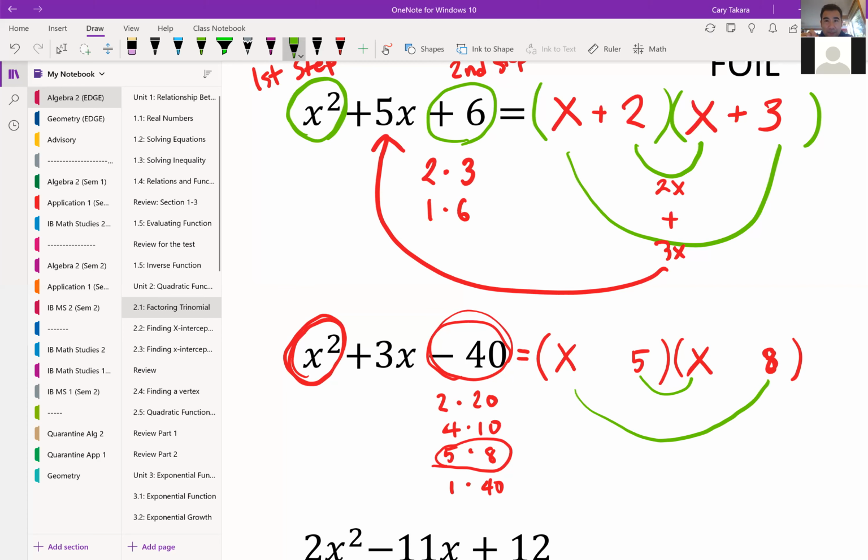And the sum, addition, should be 3x. Now 5 times x is 5x. x times 8 is 8x. Can we create positive 3x by adding 5x and 8x?